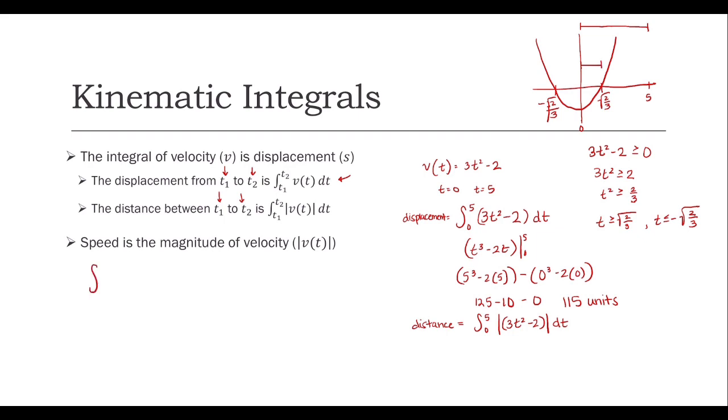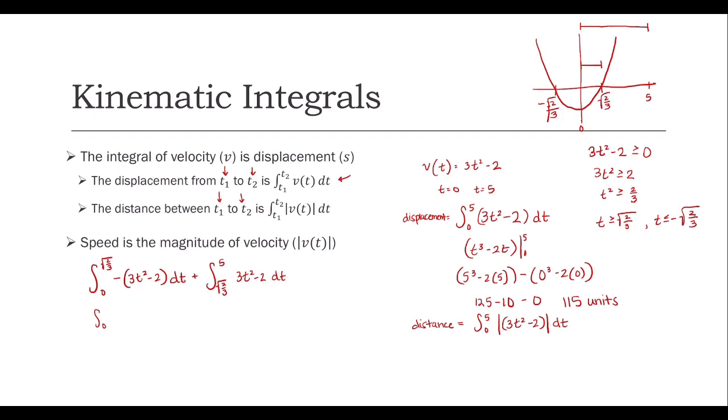So our integral from 0 to square root 2 over 3 of negative 3t squared minus 2 dt plus our integral from square root 2 over 3 to 5 of our normal velocity function, 3t squared minus 2 dt.